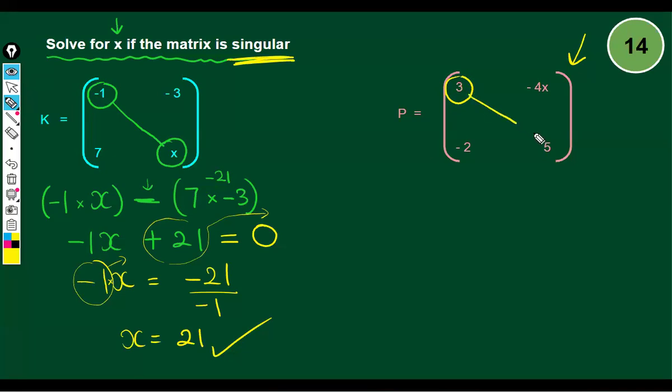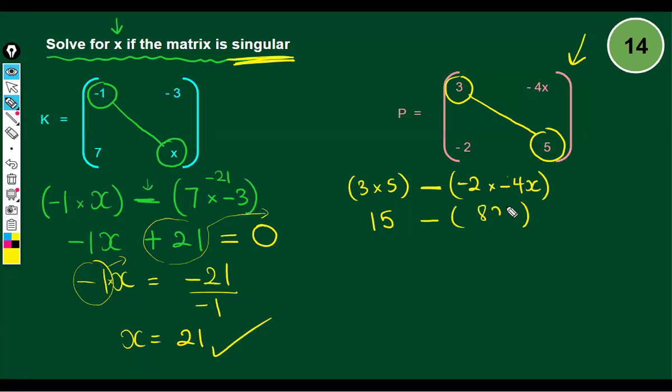Let's find the determinant. So we're saying 3 multiplied by 5, must put a minus sign, and then it's -2 multiplied by -4x. 3 by 5 is 15. Let's see, 2 by 4x is 8x, and 2 minus signs make a positive.